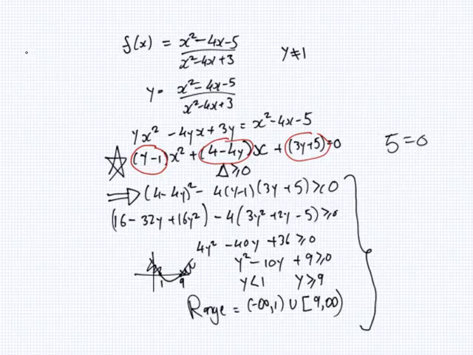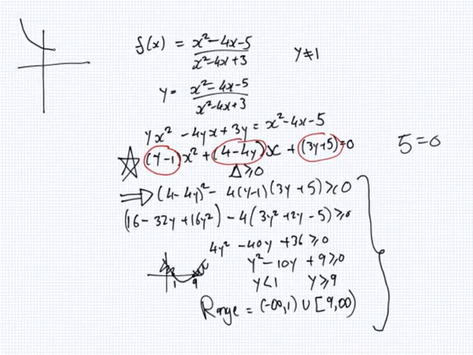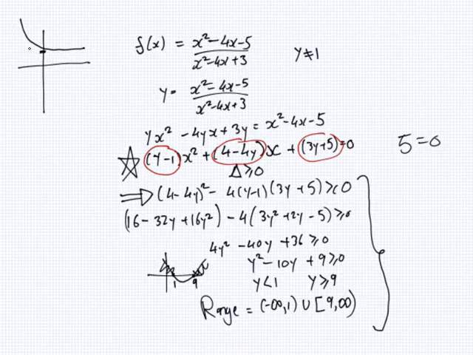So if you were really, really good at drawing your graphs, you could draw the graph for this and you would discover that your graph would go down to 1, but not quite reach 1. And no, I think I have this wrong. There's 1 and there's 9.